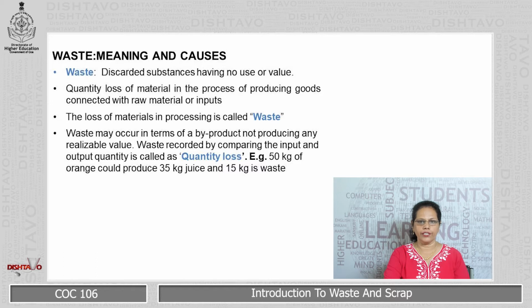Waste may occur in terms of a byproduct not producing any realizable value. Waste recorded by comparing the input and output quantity is called quantity loss. To cite an example, 50 kilograms of orange could produce 35 kilogram juice and 15 kg is waste.